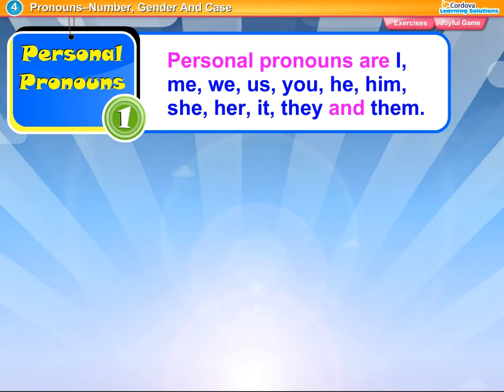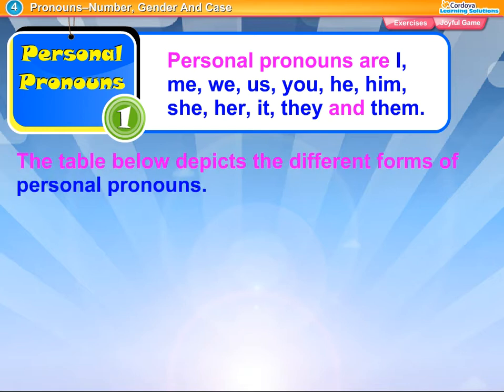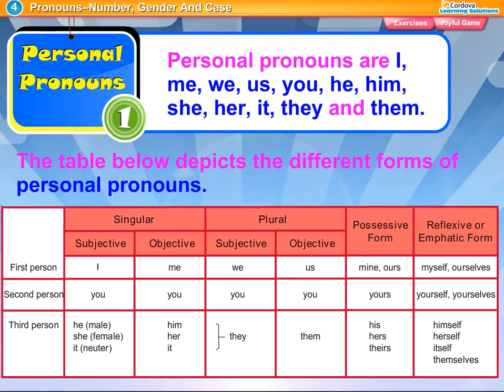Personal pronouns are I, me, we, us, you, he, him, she, her, it, they, and them. The table below depicts the different forms of personal pronouns. Singular, subjective, objective. Plural, subjective, objective.